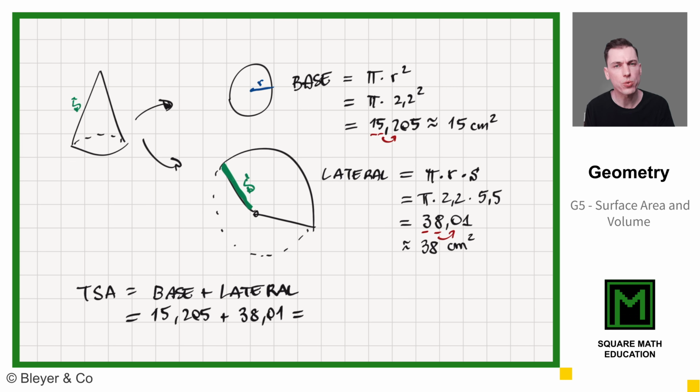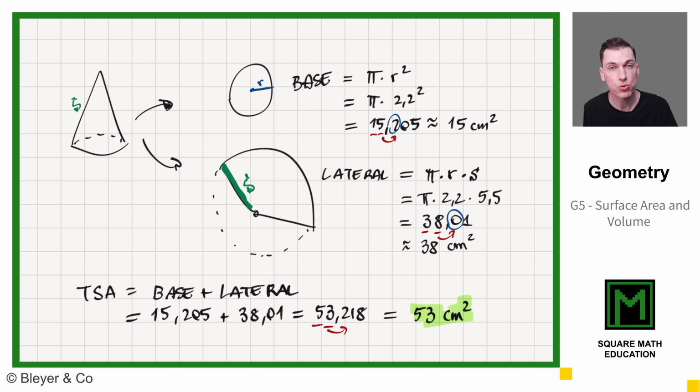We should always use all the digits before the final rounding, and this gives 53.218. Rounded to two significant digits, since the other digits were quite small, 2 and 0, this has no impact on our final answer. We could have used the rounded values anyway. So this rounds to 53 square centimeters, and this is my final answer for the total surface area.